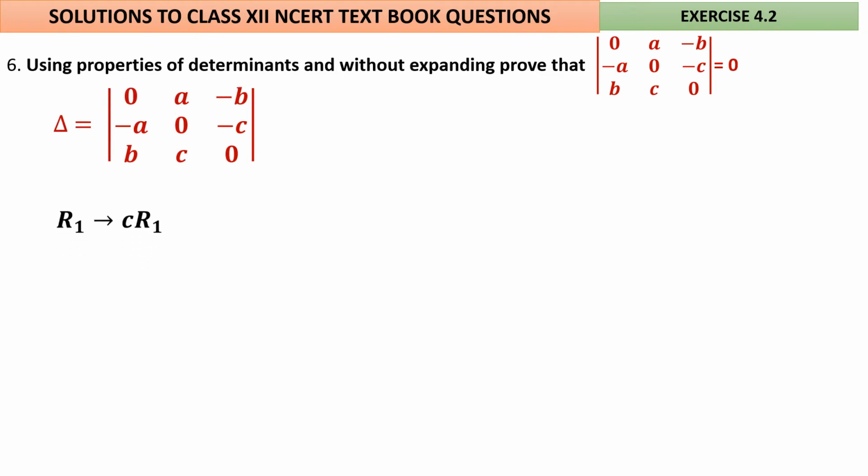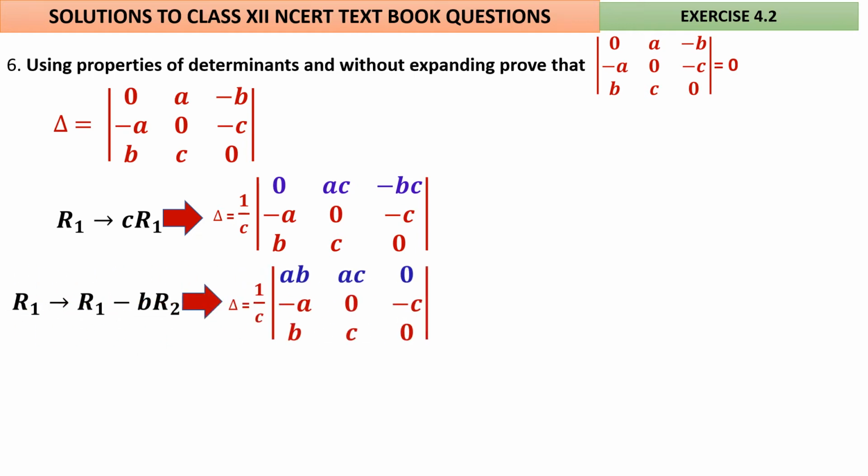I am writing R1 as C into R1. That is, R1 I am multiplying by C. You know that if you multiply any row by a non-zero quantity, the value of the determinant will not change. Therefore, I am getting 0, AC and minus BC. Therefore, I am multiplying and dividing it by C. Once again, R1 is written as R1 minus B R2.